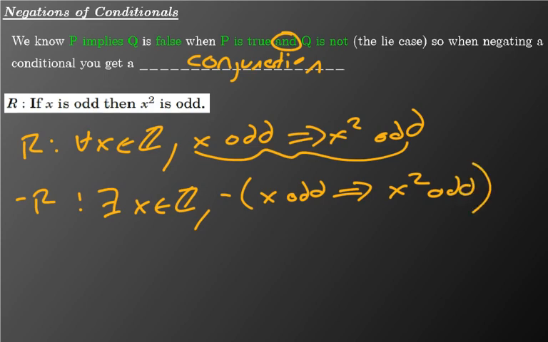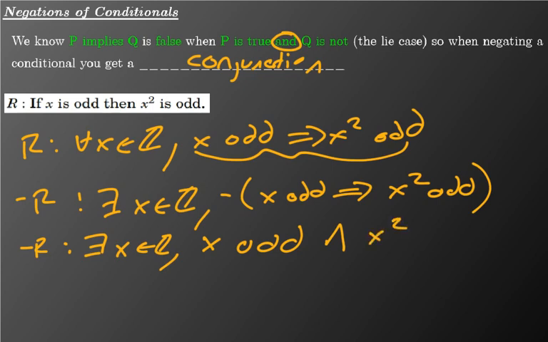If I negate that conditional, I'm going to get P is true, so X is still odd, but the conditional flips to a conjunction, and then Q is not true, so we're going to say X squared is even.